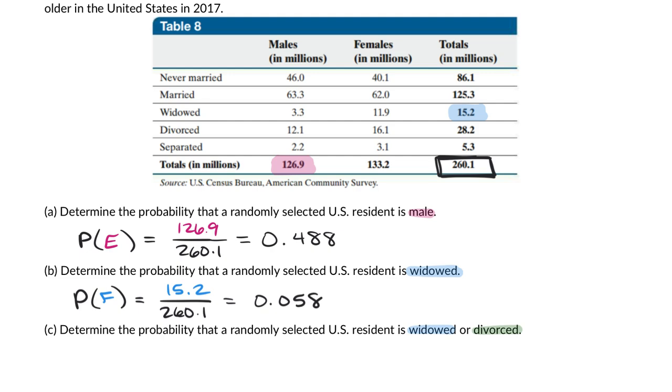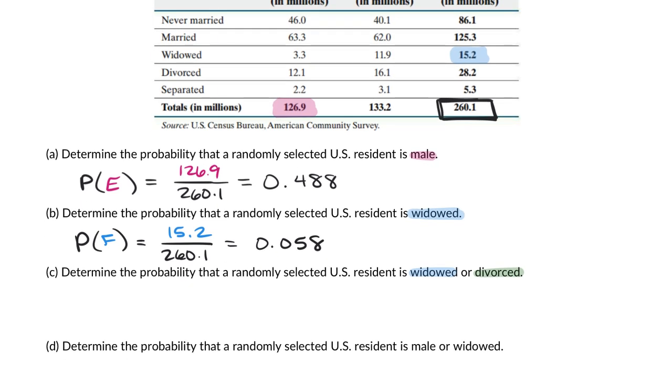Okay, so if we're looking at this, the widowed, we already have 15.2. Divorced is 28.2. So if we're looking for the probability that somebody would be either widowed or divorced, we would do the probability of F, or divorced, we'll let divorced be G, would be the probability of F, which is 15.2 over that 260.1, plus the 28.2 over the 260.1.